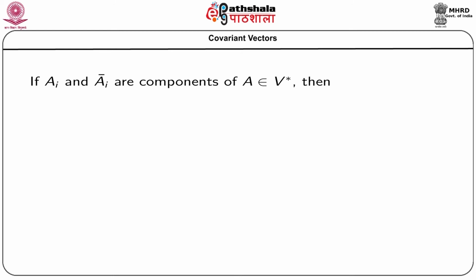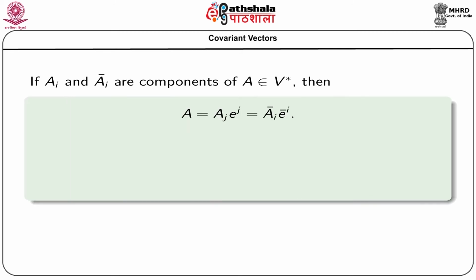So, if A_i and Ā_i are components of this A, then A can be expressed as A_j E^j and Ā_i Ē^i. So, Ā_i Ē^i can be written as A_j E^j, replacing the previous expressions. Hence, Ā_i can be expressed as P^j_i A_j.